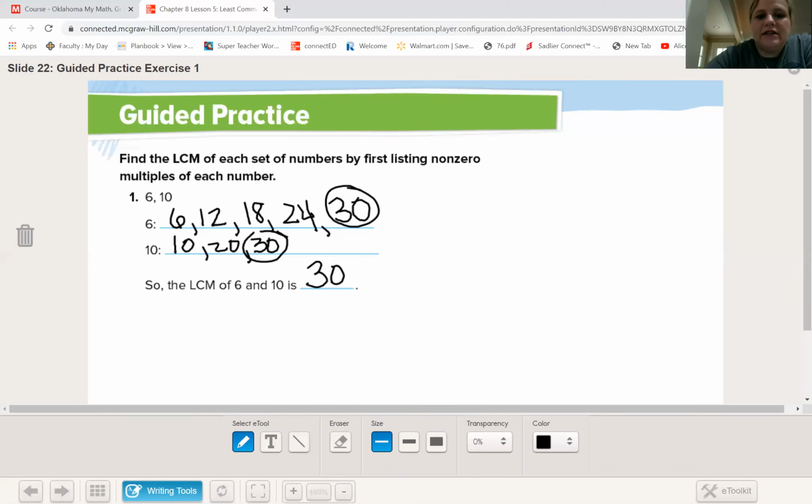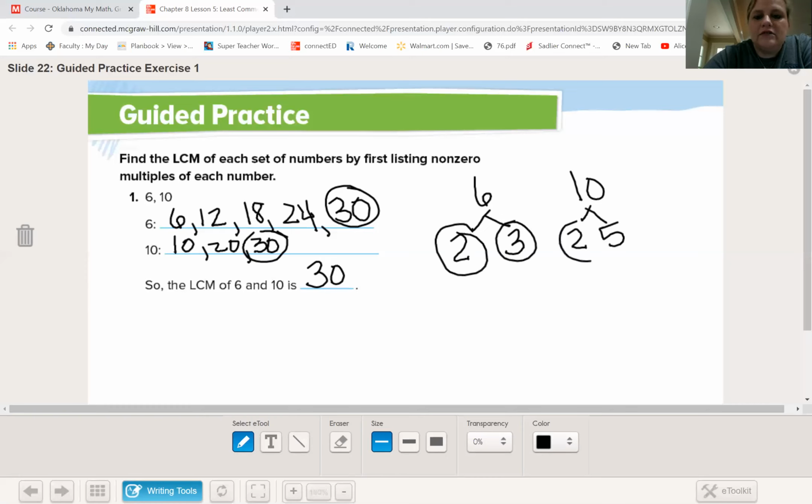Now you may be asking yourself, what if we did it the other way? Would we still get 30? And the answer is yes, because here's 2 times 3, 2 times 5. So the factors of 6 are 2 and 3.